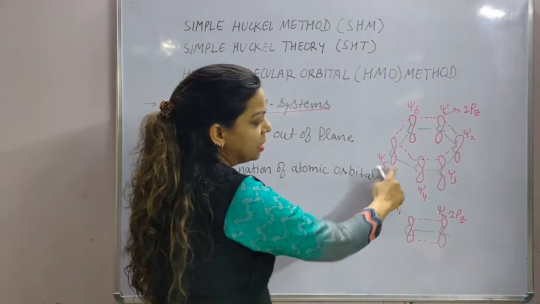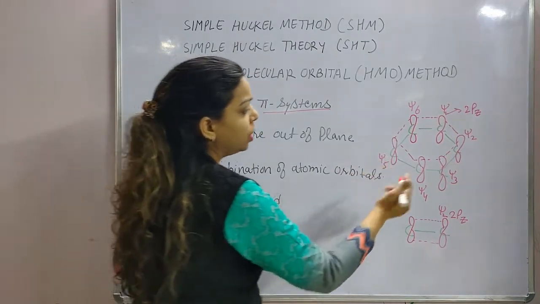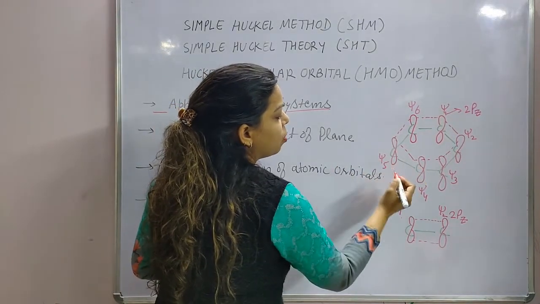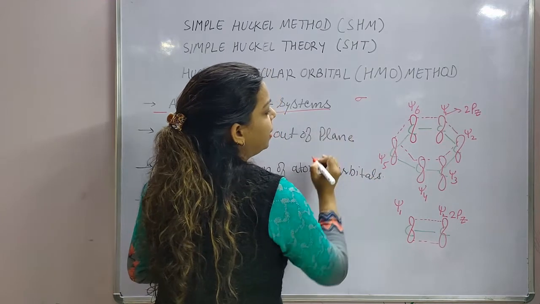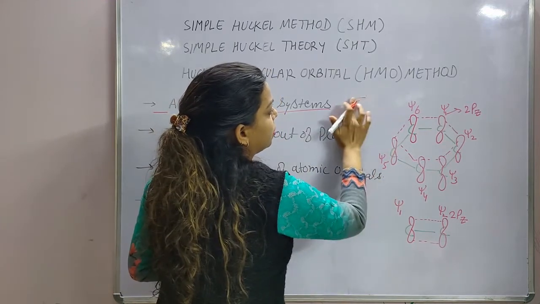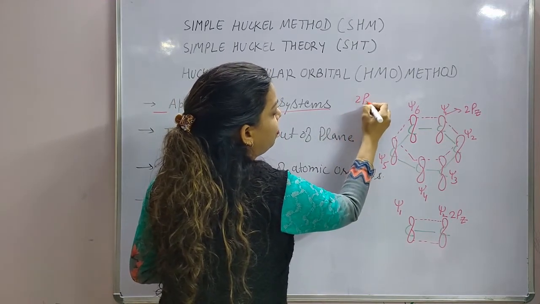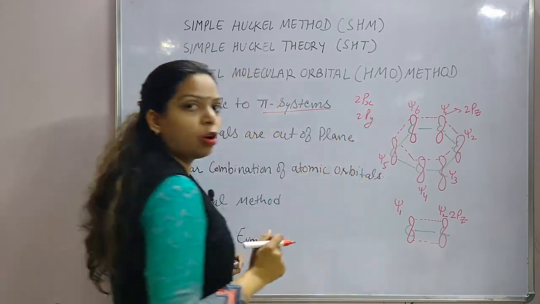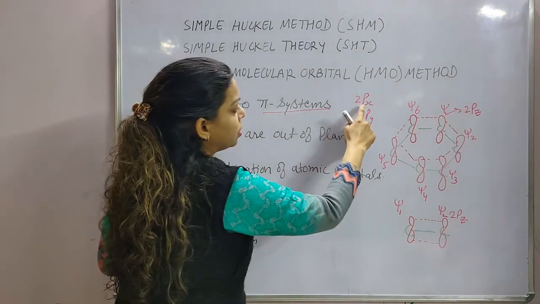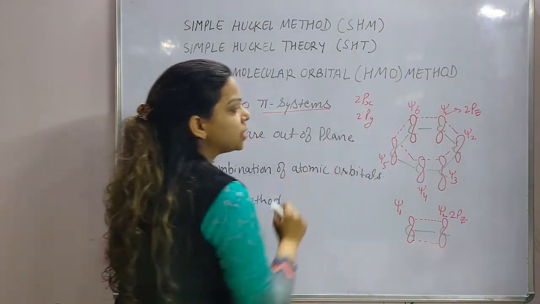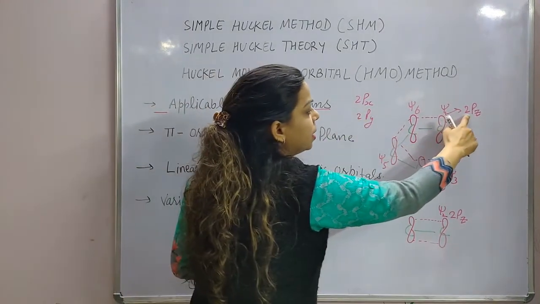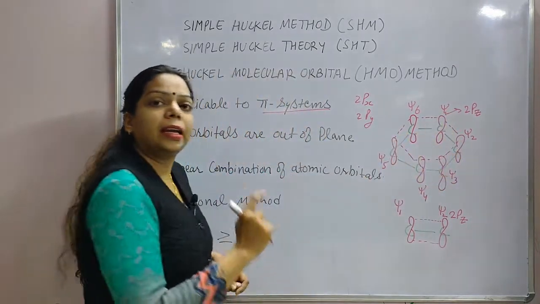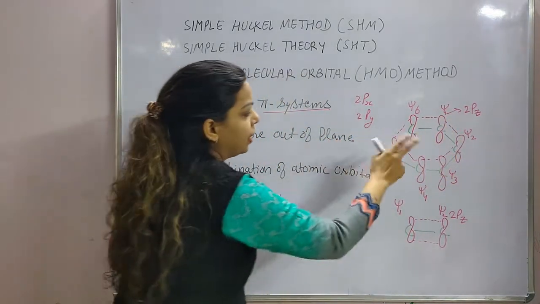I have drawn a benzene molecule here. To form sigma bonds, sigma orbitals are involved: 2px and 2py are the orbitals involved in the formation of sigma bonds, but 2pz is out of plane and it is responsible for the pi electrons.